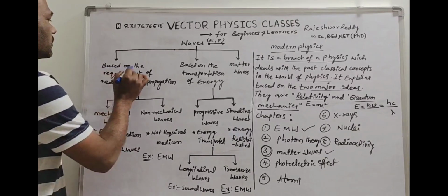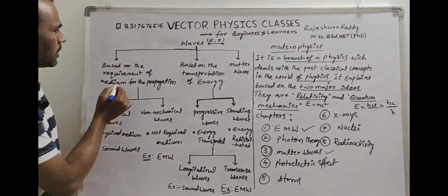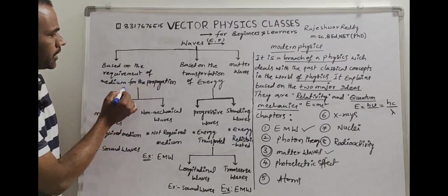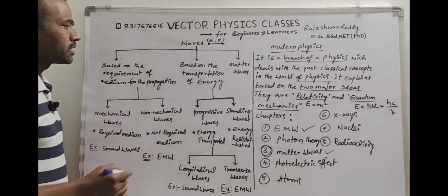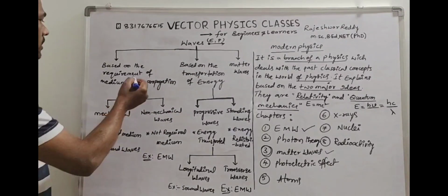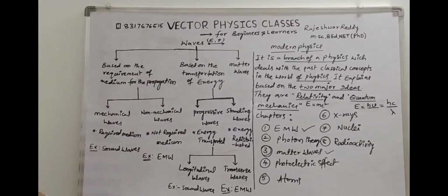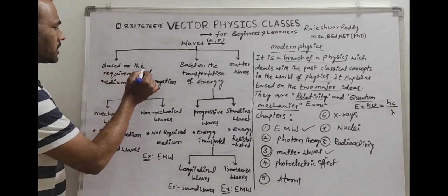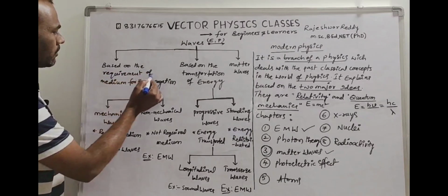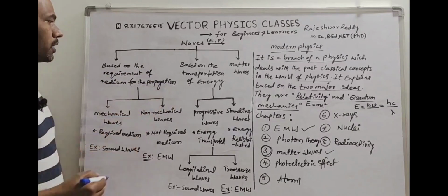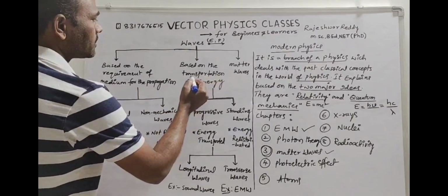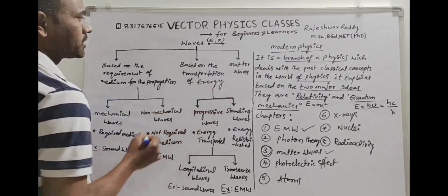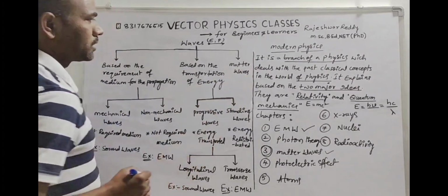The first one is based on the requirement of medium for propagation. Here the classification is based on different concepts. The first classification is based on the requirement of medium for propagation, the second is based on the transportation of energy, and the third one is matter waves.